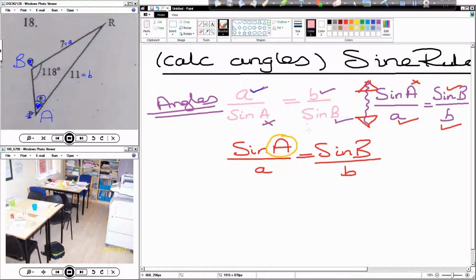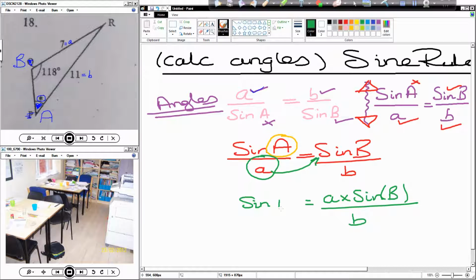So what do we do first? First, it's been acted on by sine and then divided by A. Opposite of divide by A is times by A. So A times by the sine of B divided by b is equal to the sine of A.